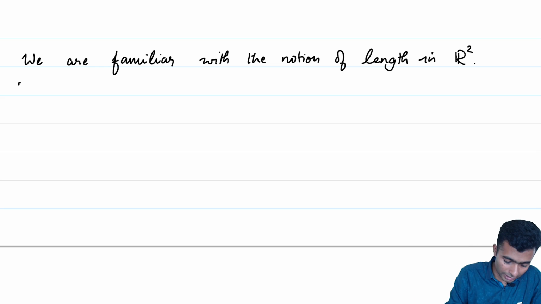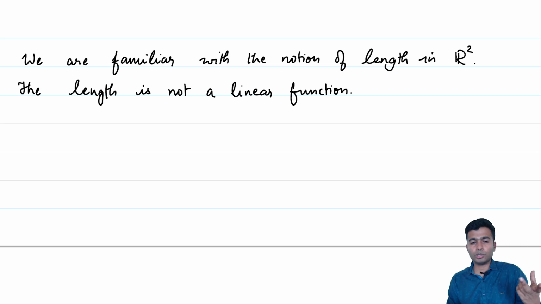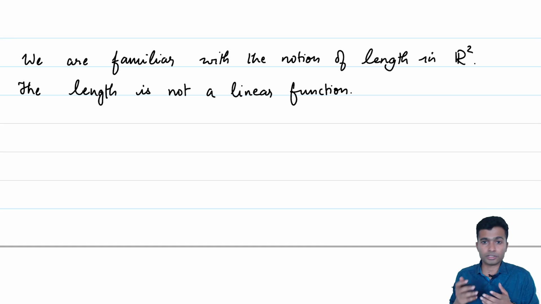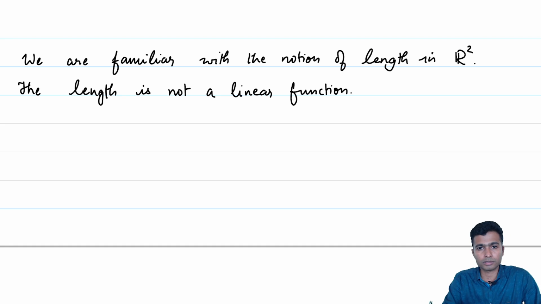It is not a linear function. In other words, if you take say (1, 0) and (0, 1), both are vectors of length 1, and if you add, you get (1, 1), which is a vector of length root 2, which is not equal to the length of (1, 0) plus the length of (0, 1), which should have been 2, right?